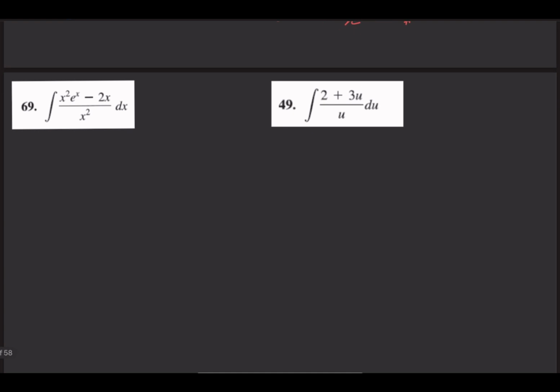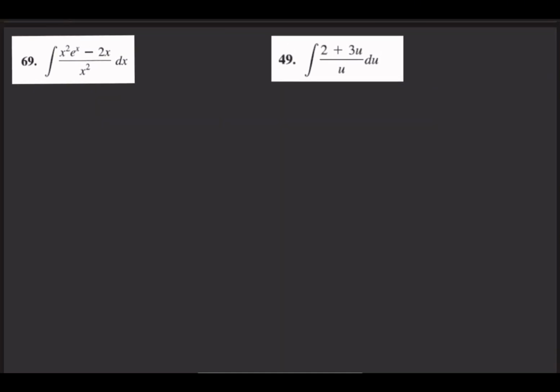Alright? Now, moving on. The same applies to this one, where we have an exponential, and the same rule applies. So we want to separate it first. So we get the integral of e power x dx minus the integral of 2x divided by x squared dx.